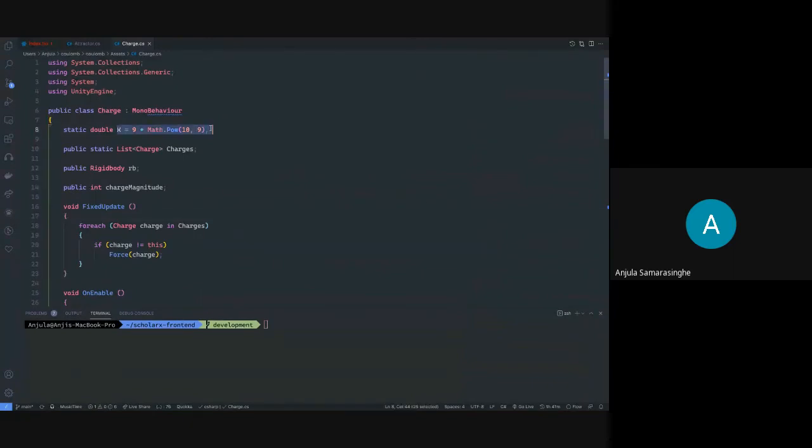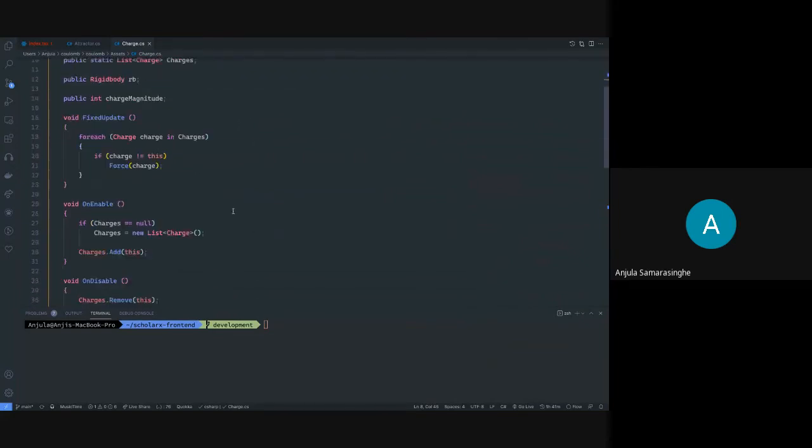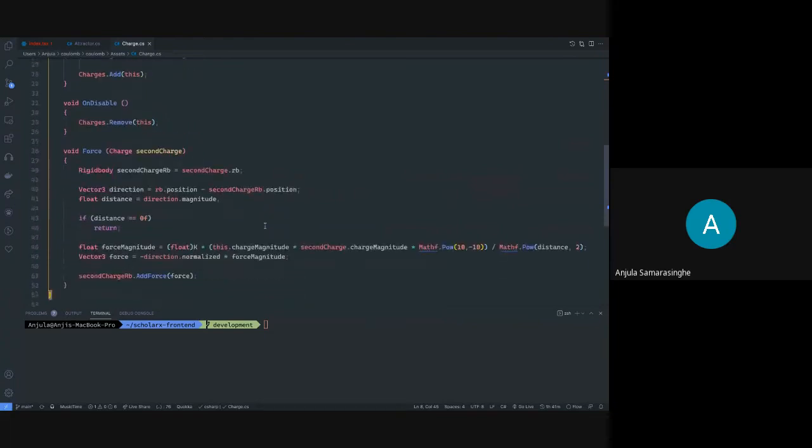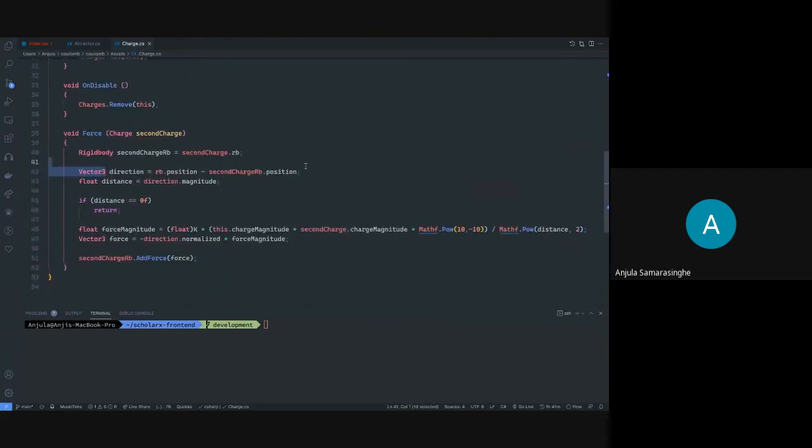I have this K constant, the Coulomb constant, and I'm getting each charge, and here I'm getting the distance between the two charges, and here I'm calculating the magnitude of the electrostatic force, and in the end I'm applying that force. So that's the script.